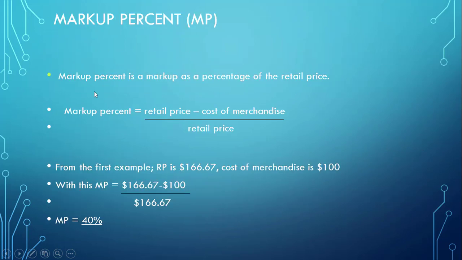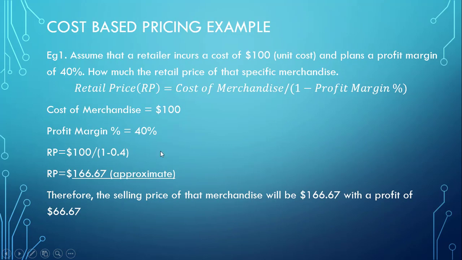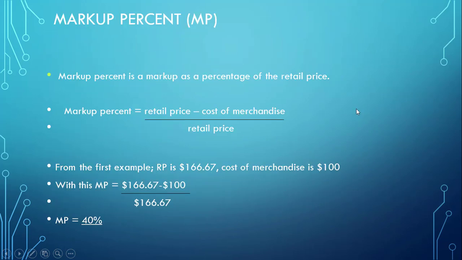When you say markup percent, it is the markup as a percentage of the retail price, meaning you can calculate it with this formula. Markup percent, MP, is equal to retail price minus cost of merchandise, divided by retail price. If you see the first example, the cost of merchandise is 100 and the retail price is 166.67 in approximation.